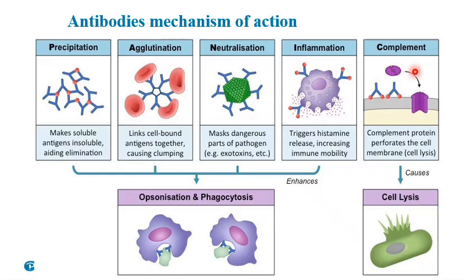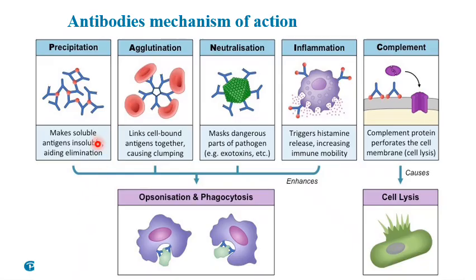Or they can stimulate the complement system. Complement proteins will be formed, the MAC, as they call it, which will perforate the cell. The membrane will then allow water to get in, and it will cause the bacteria or the pathogen to explode.